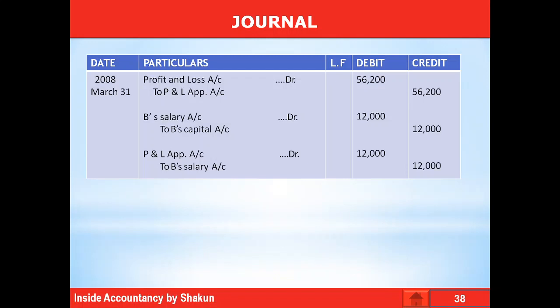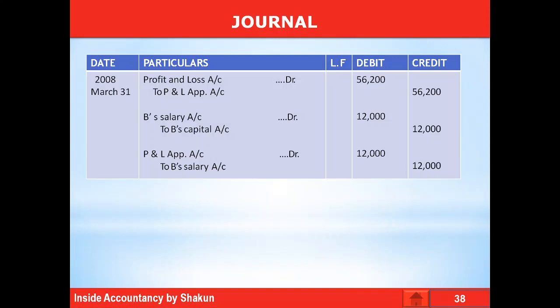Therefore, P&L appropriation is credited. The next two entries are relating to salary. Salary being an expense is debited, and since the partner receives it, partner's capital account is credited. The salary as an expense is transferred to the debit side of P&L appropriation account. Therefore, the entry P&L appropriation account DR to B's salary.